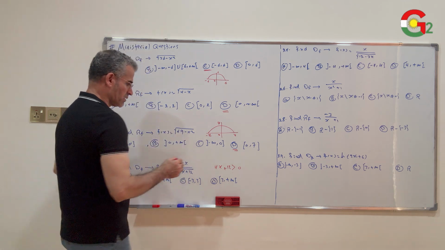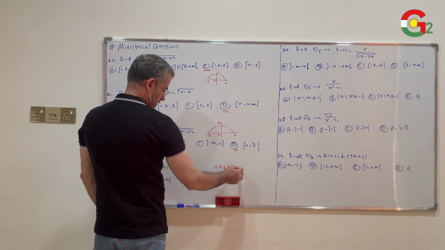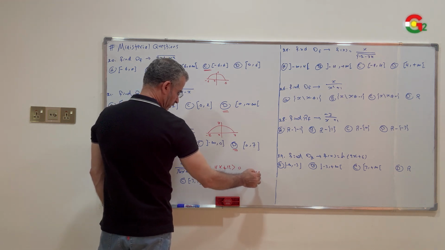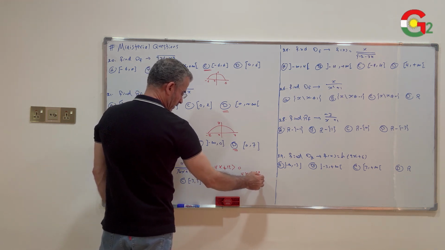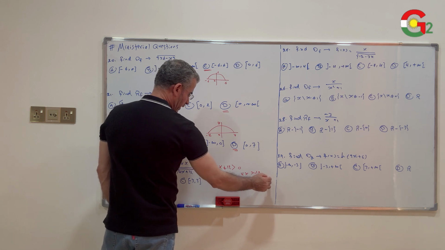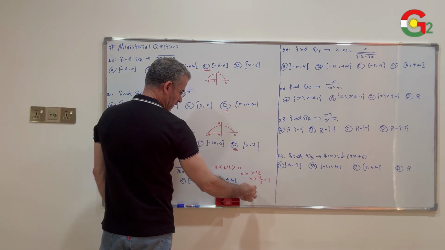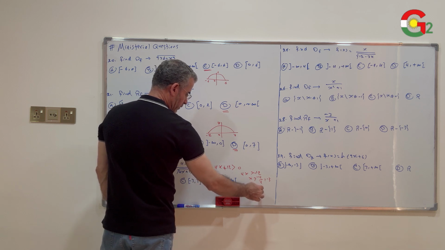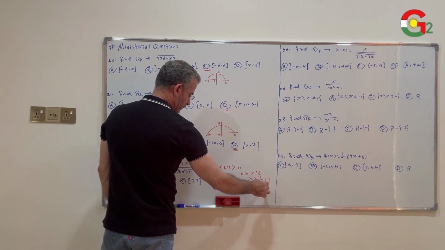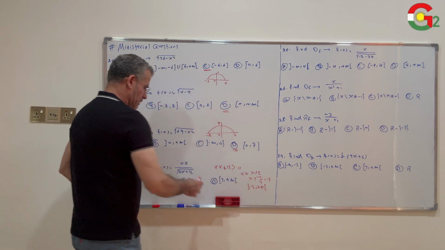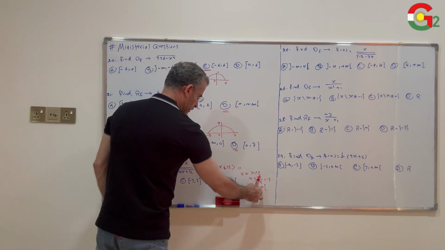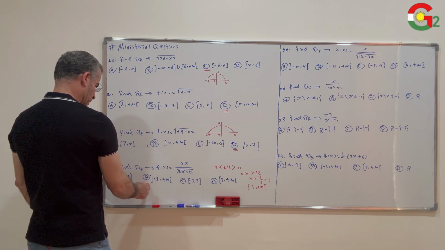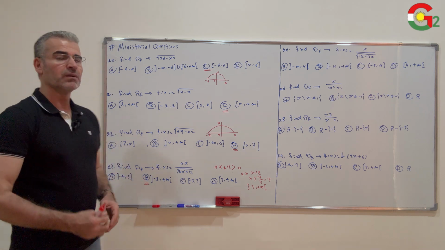I remove 0 and solve to find x. Then 4x greater than negative 12, then x greater than negative 12 over 4, equal to negative 3. X greater than negative 3 is negative 3, open interval, to positive infinity. Intersection with R will be negative 3 to positive infinity. Negative 3 to positive infinity is choice B.